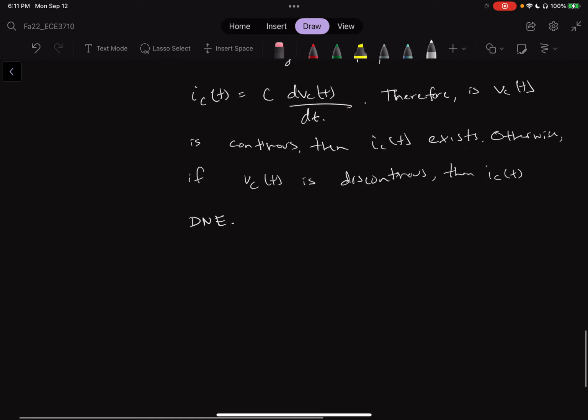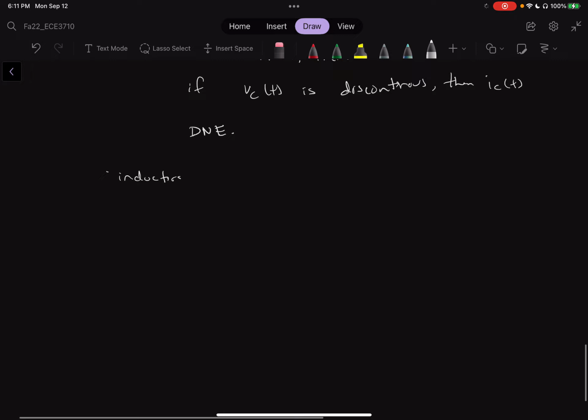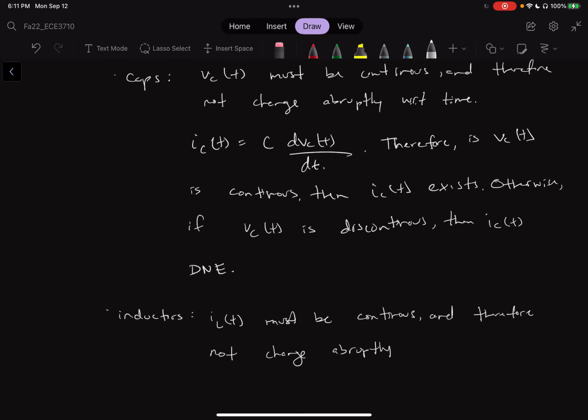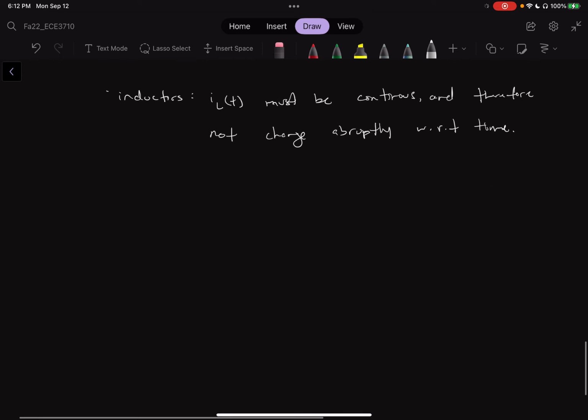Now with inductors, the current of an inductor must be continuous and therefore not change abruptly with respect to time. Because VL of t is equal to L dIL/dt.